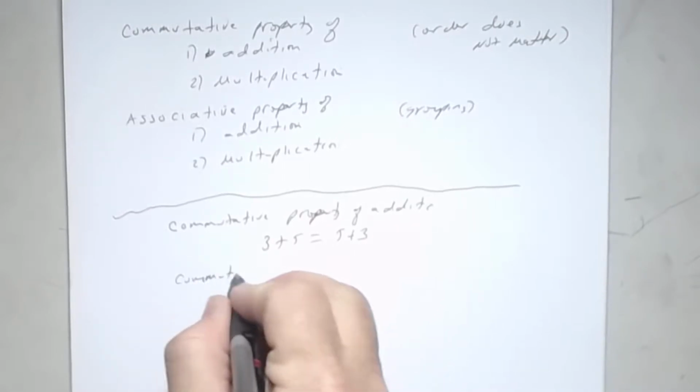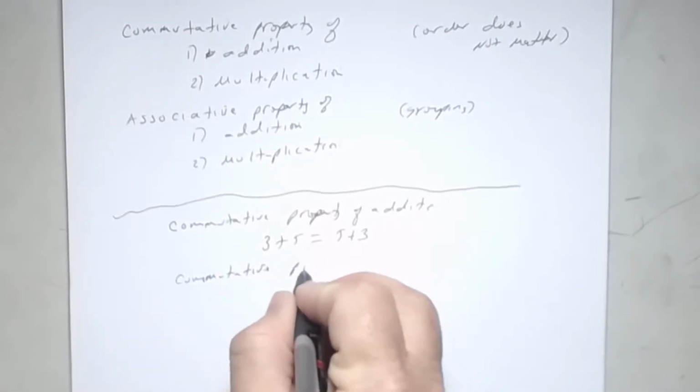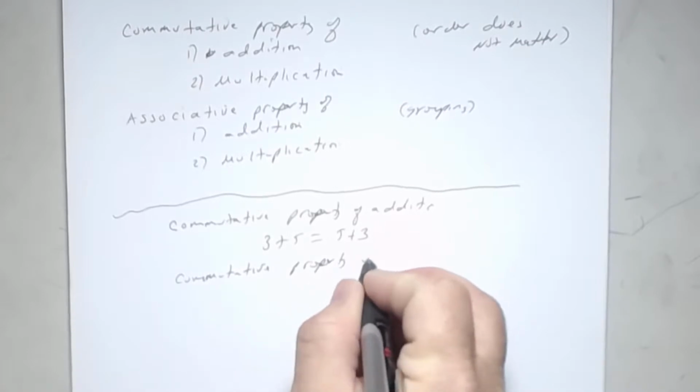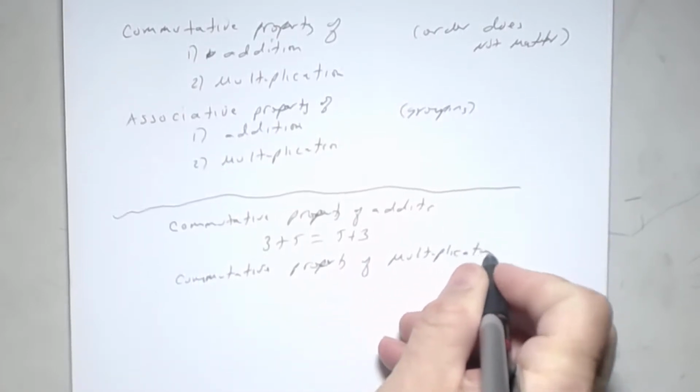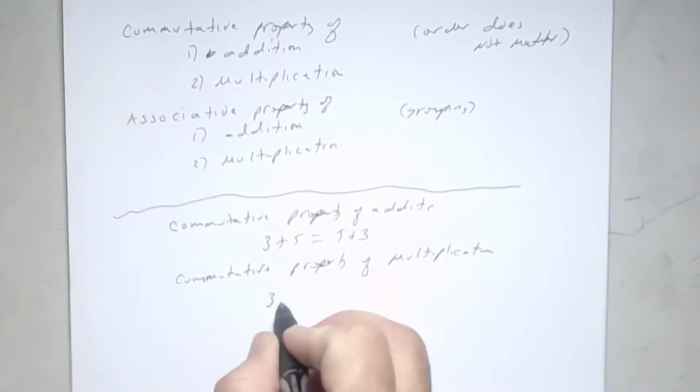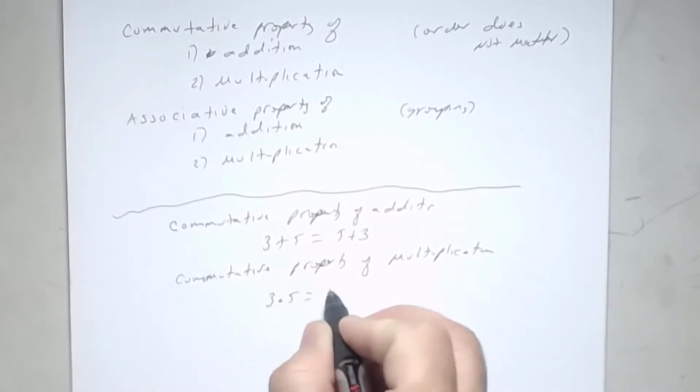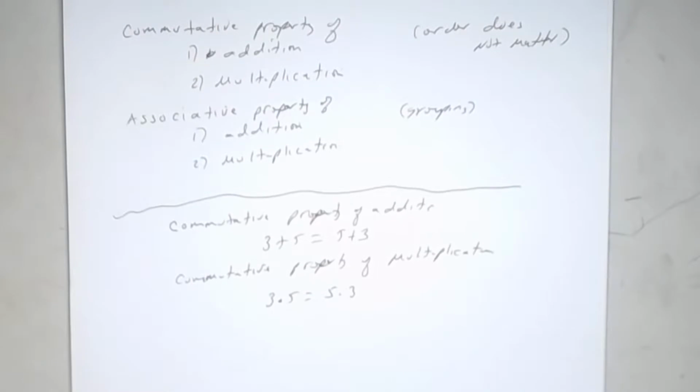The commutative property of multiplication said that 3 times 5 is the same as what? 5 times 3. And remember, we talked about last class period that there's none for subtraction, nor what? Division. And you saw why. Just go back to the notes and you'll see why that's not true.